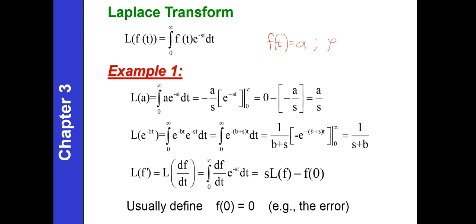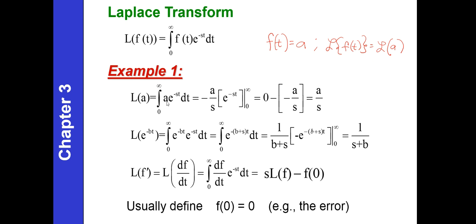So you get the Laplace of the function of t, which is just equal to getting the Laplace of a. So the Laplace of a is the integral of a times e to the negative st dt from 0 to infinity.